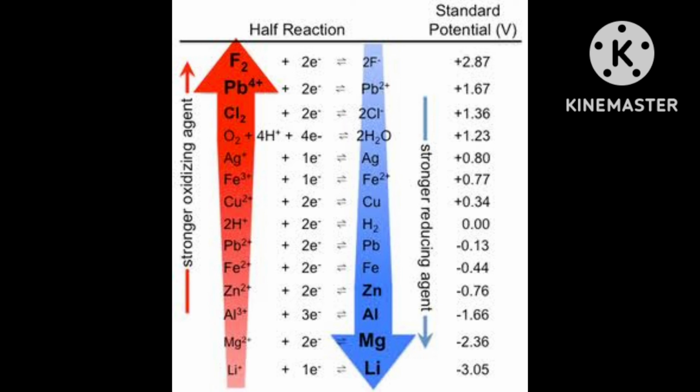If concentration is 1 mole, pressure is 1 atmosphere, and temperature is 298 Kelvin, and you maintain these three things, then the potential developed is called the standard potential.